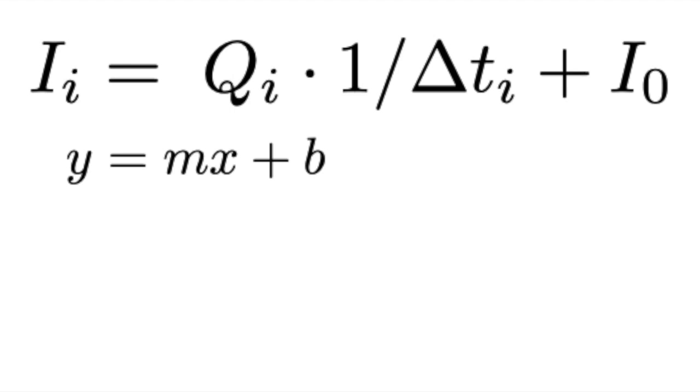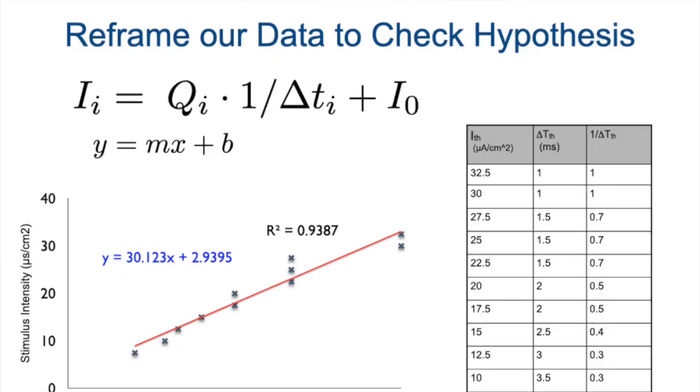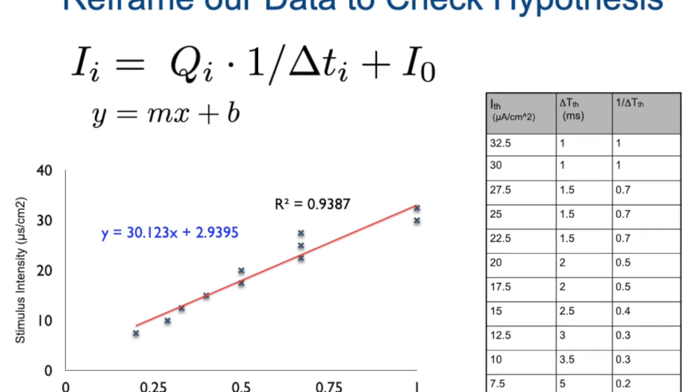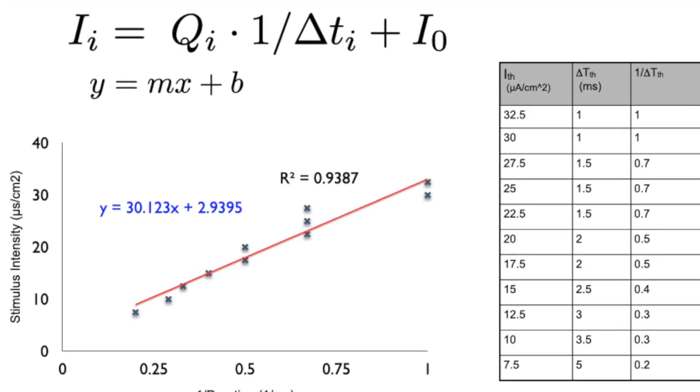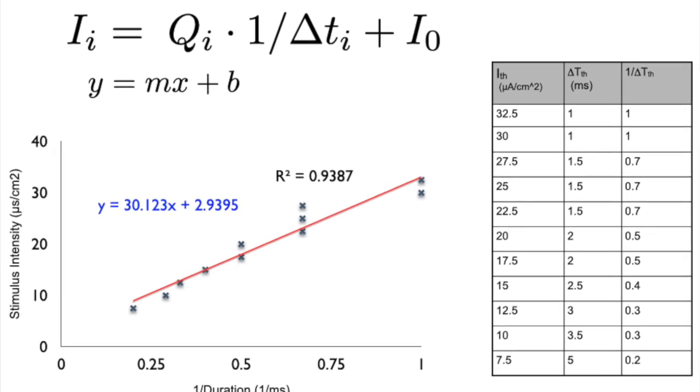And if I look at those two equations together, they describe very nicely what we can do with our data: plot it and see how close we come to a straight line. Not only can we see how close we come to that straight line, we can even get the slope out of it, and that slope happens to be the charge. And if we're lucky, that charge is a constant.